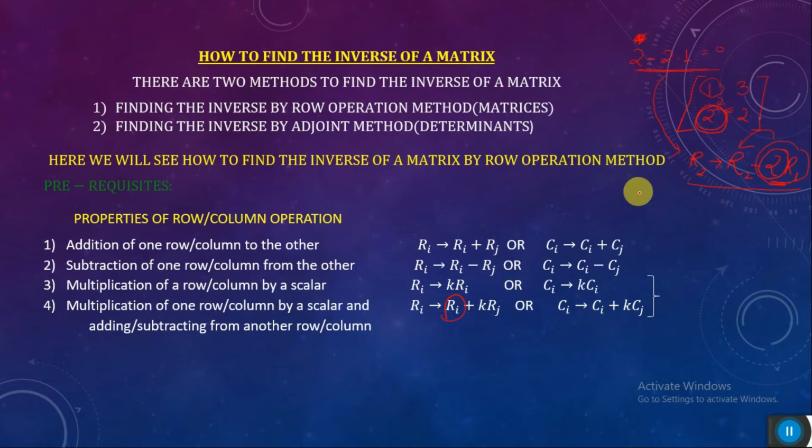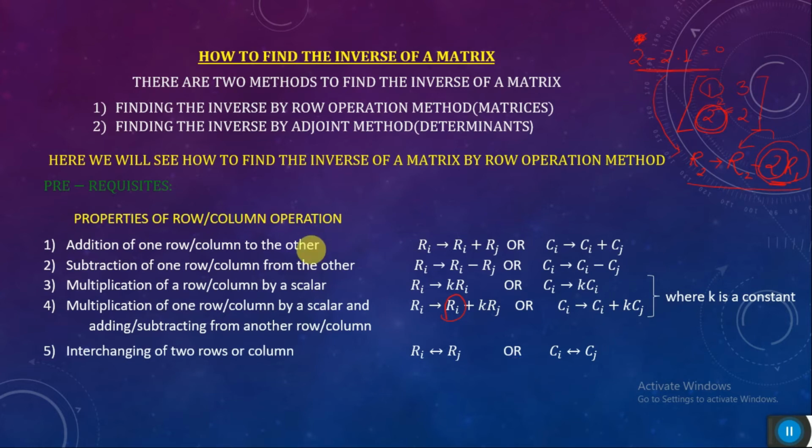Next property, where k is a constant. This k can be a constant. I am writing 2, it can be 3, 4, 5, whatever it is. Next one is interchanging rows and columns. Suppose you have A as 1, 0, 2, 3.